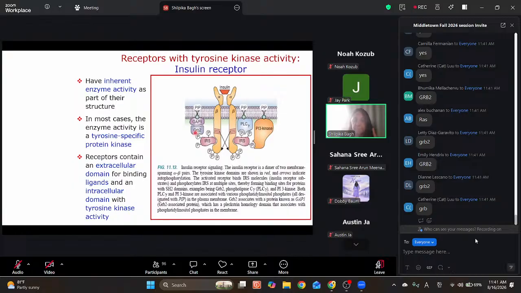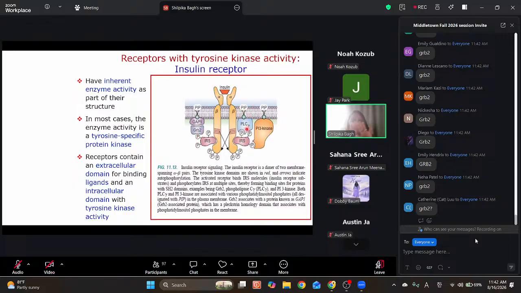So tell me: GRB2, phospholipase C, PI3 kinase, or protein phosphatase? Which protein does insulin have to dock for growth factor-like activity? GRB2. So it's also specific. The outcome of each docking protein is specific.